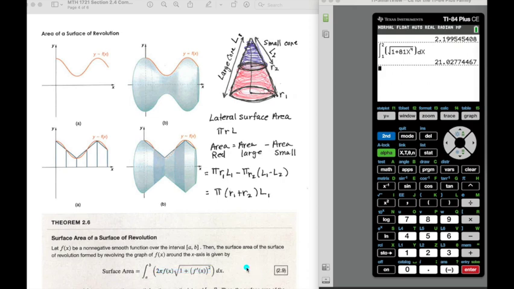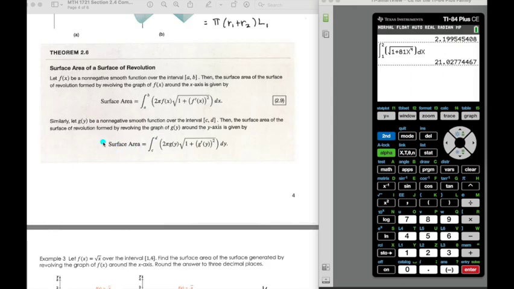So again, of course, when you're looking to find your surface area, you're going to have to find the derivative of your function first and square it to plug it in here, and then you plug in your function here, and then you integrate. If you're doing it in terms of y, you get this formula here, where you go from c to d, where that's on your y-axis, and then, of course, your function is in terms of y.